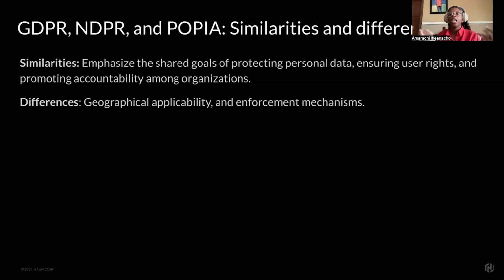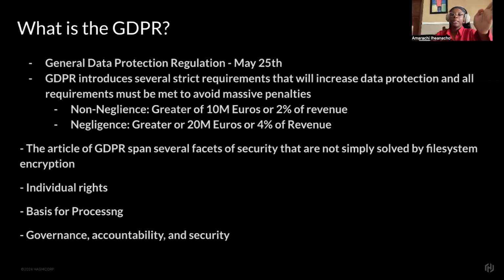The differences are probably obvious. They all care about people in different areas like Nigeria, South Africa, and the European Union, and they all have enforcement mechanisms in place. The GDPR, which I'm going to focus on, has hefty penalties and fines, which is why a lot of people start to care about this.